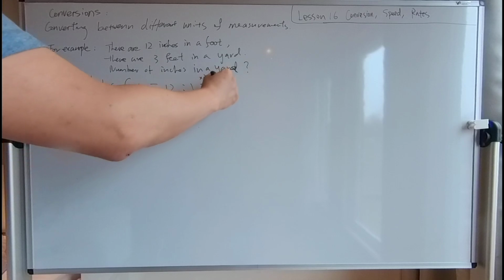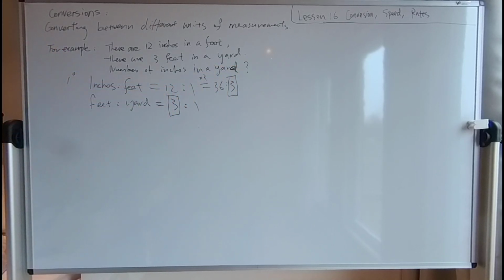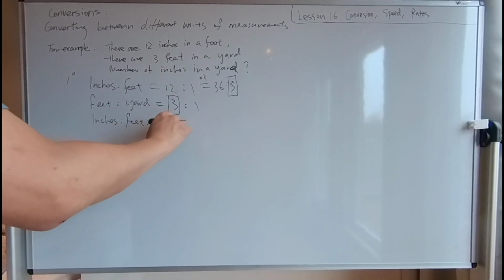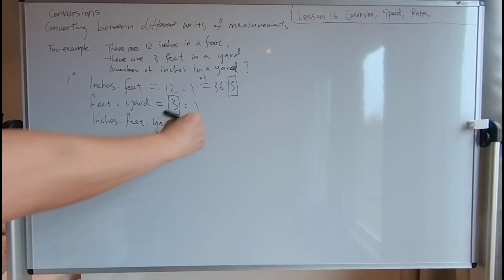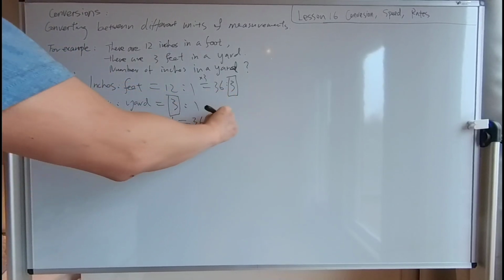And the reason I want to get the number 3 over here is that it is equal to the relative quantity in the second ratio, feet versus yard. Then this will help me to write inches versus feet versus yard to be a multi-ratio, which is 36 versus 3 and 3 versus 1.